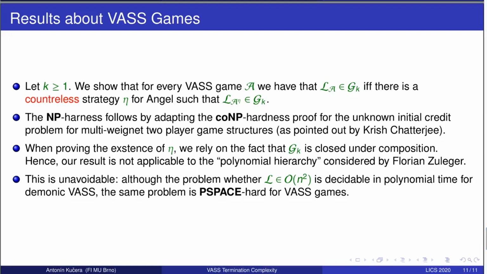Here, a counterless strategy is a strategy depending only on the current control state. It ignores the current counter values completely.